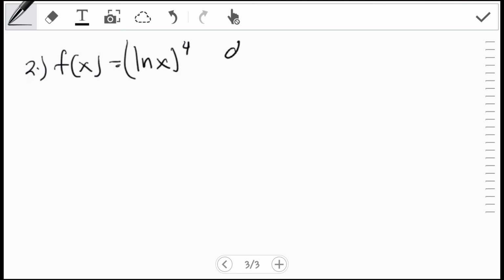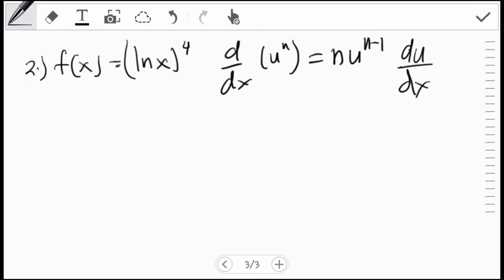Use this formula: d over dx of u to the power n equals n u to the power n minus 1 times du over dx, where u is ln x and du over dx is 1 over x.